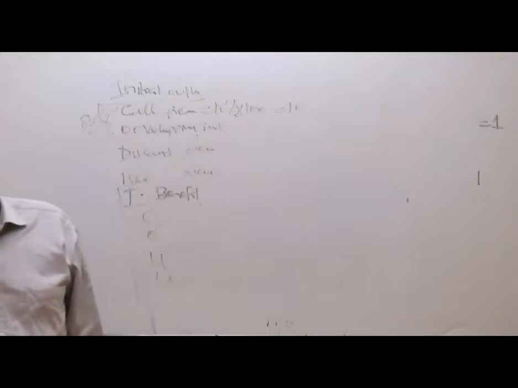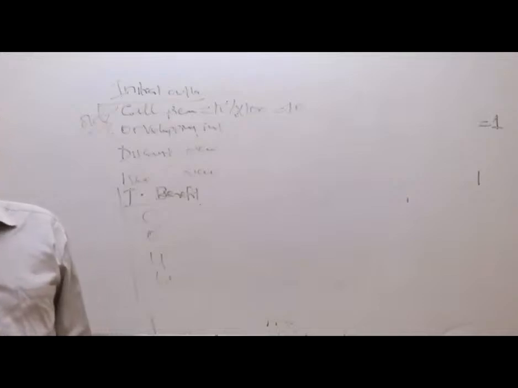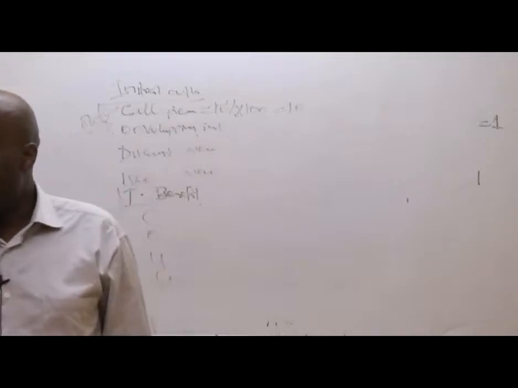Now listen. Under call, ladies and gentlemen, an amortized discount of the old bond. What do I do? Somebody asked me to repeat this.